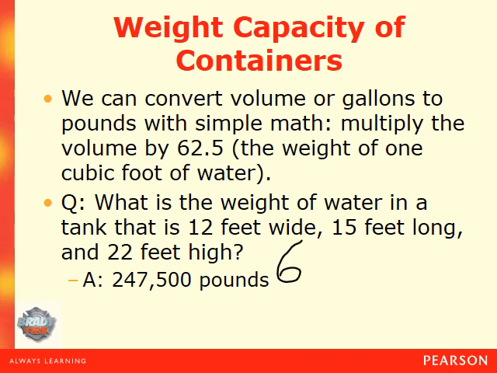So, our problem is 62.5 times the volume is equal to weight. Well, we don't have the volume, so what formula do we use to figure the volume of this container?